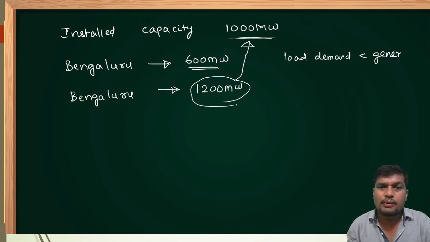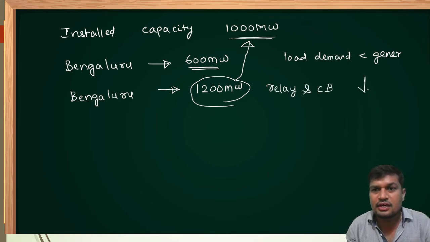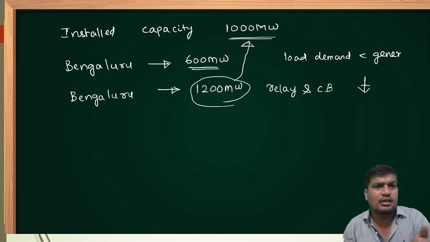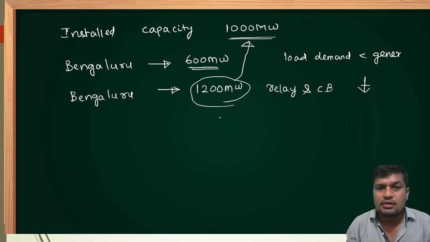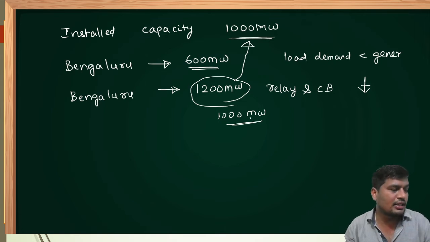So at the time, forcefully with the help of relay and circuit breaker, I need to disconnect some of the area, some of the load under certain area which is not important or whichever I feel, right? So relay and circuit breaker is going to disconnect some of the load. We can reduce the load to the generation capacity, that is 1000 megawatts. In this way, we can maintain synchronism.